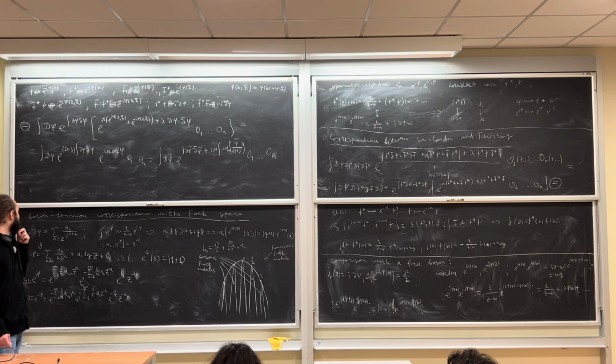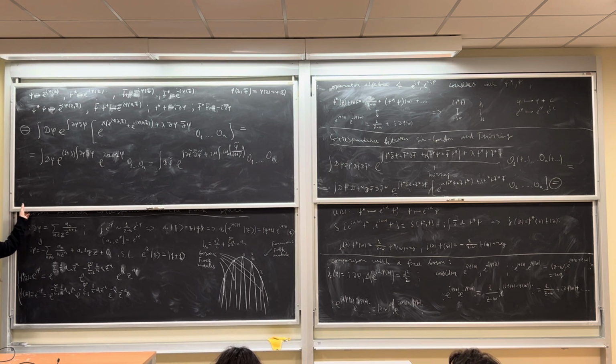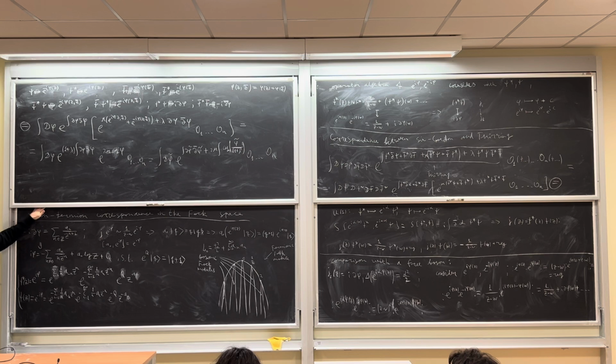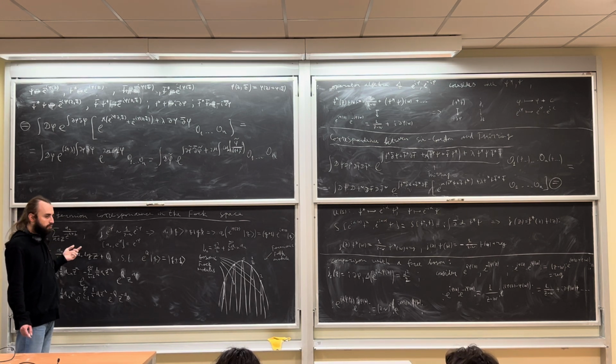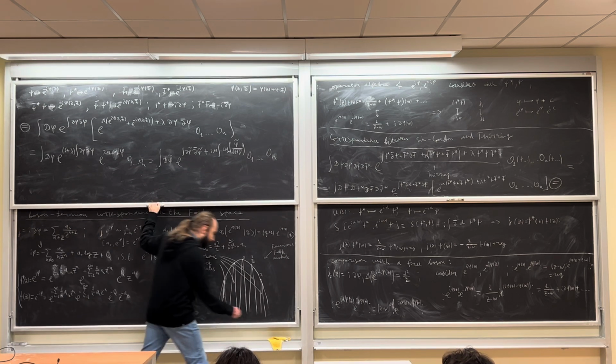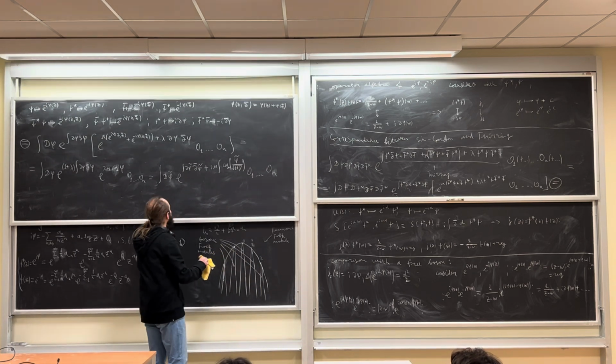We could do canonical quantization of this free boson and see that this operator should appear. So it's one possibility. Another possibility is that we can look at the correlator of phi of z with phi of w.